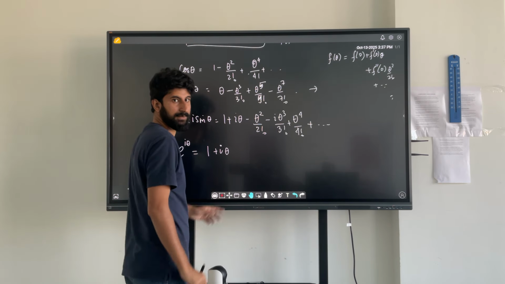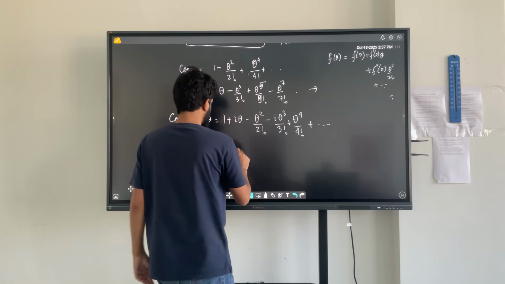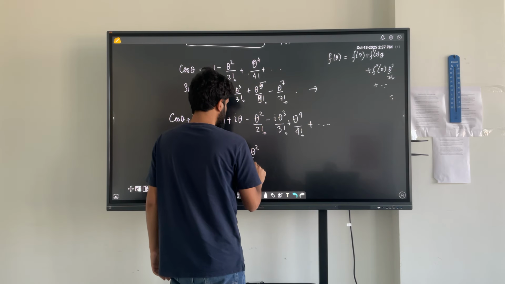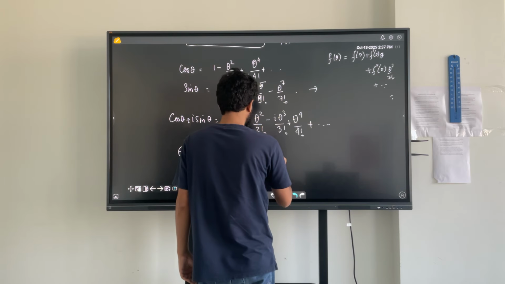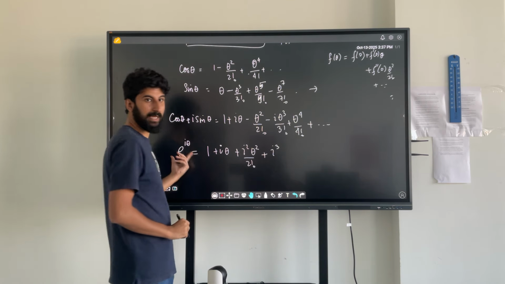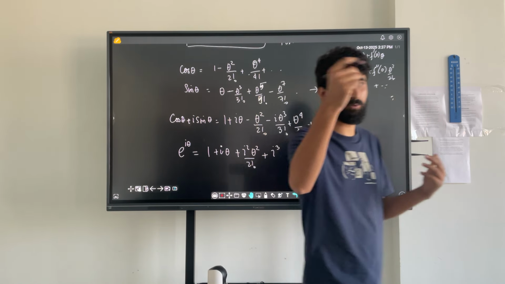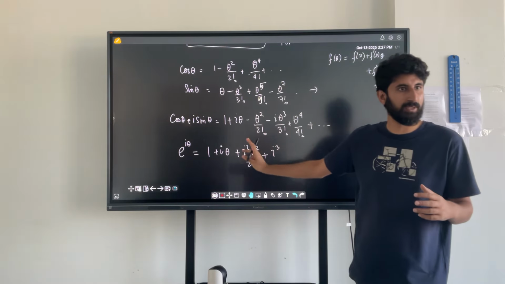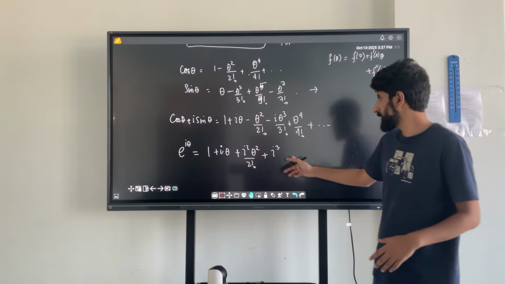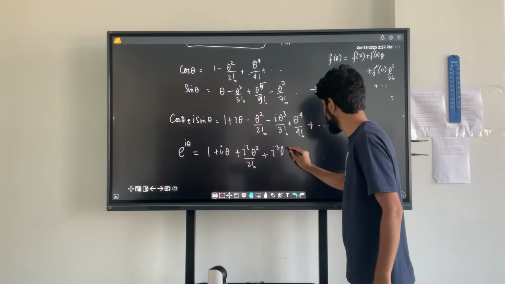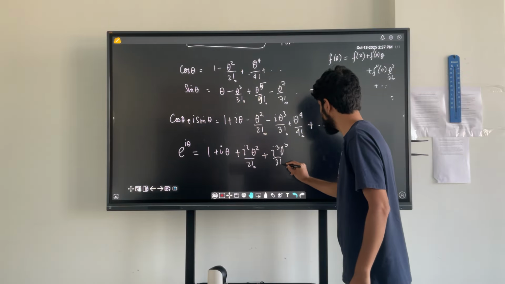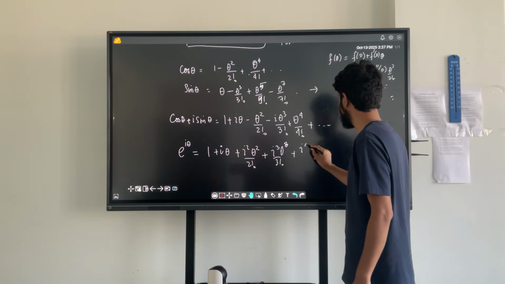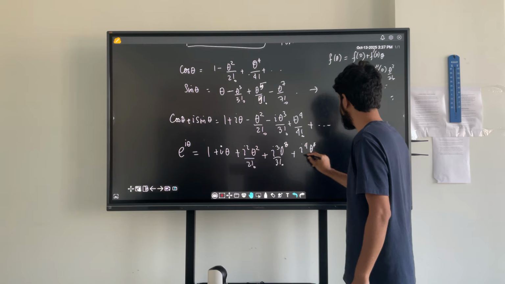Then plus iota square theta square divided by 2 factorial. Then iota cube: when you differentiate thrice, you bring down iota 3 times, but then put theta equal to 0, e power iota theta becomes 1. So iota cube theta cube divided by 3 factorial. Iota power 4, theta power 4 divided by 4 factorial.